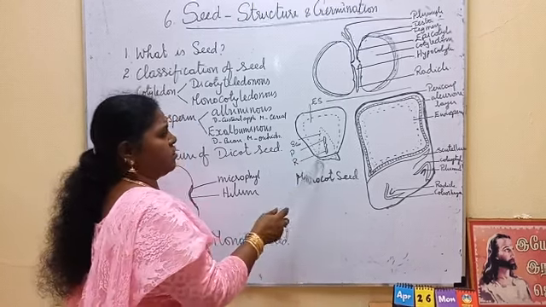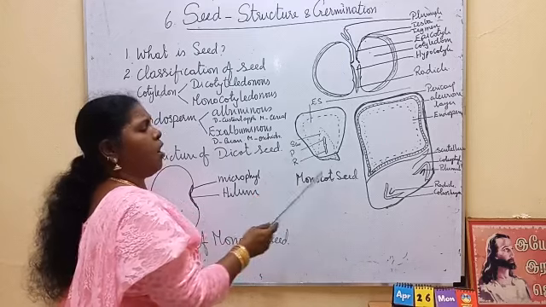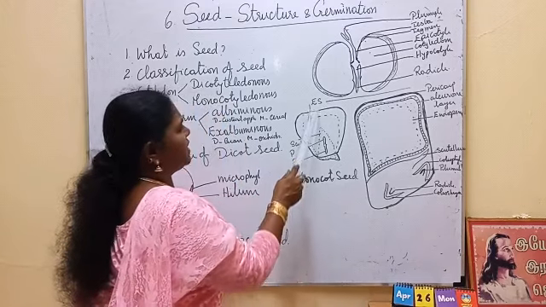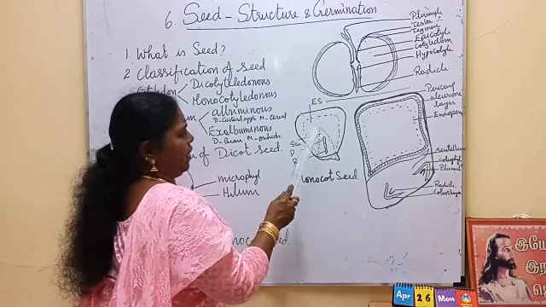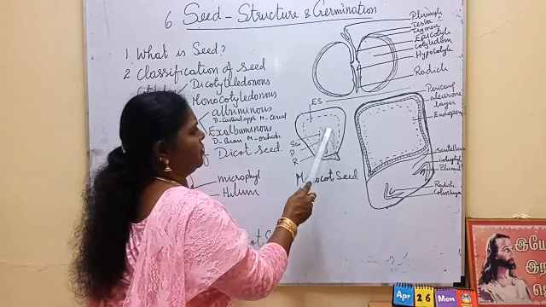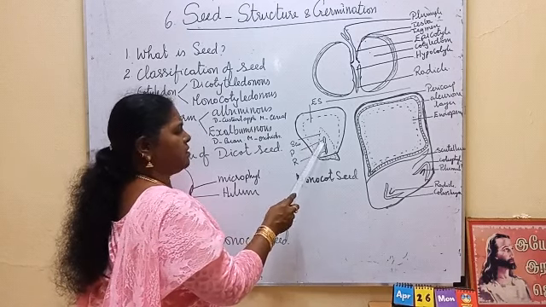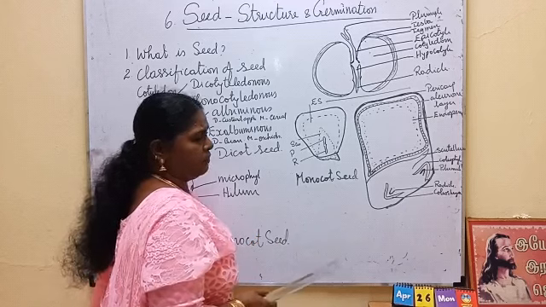If you take the external structure, it will be like this. We are seeing sweet corn, and it has an endosperm. The scutellum contains the plumule and radicle.